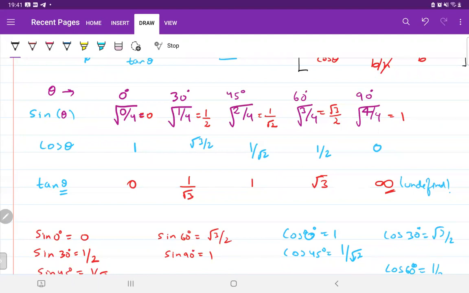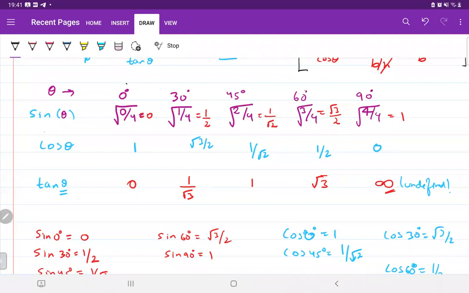Yes, I need to find the values. So we have to remember some values. For example, 0 degree, 30 degree, 45 degree, 60 degree, and 90 degree. So we have these 5 angles. We just have to focus on these 5 angles.